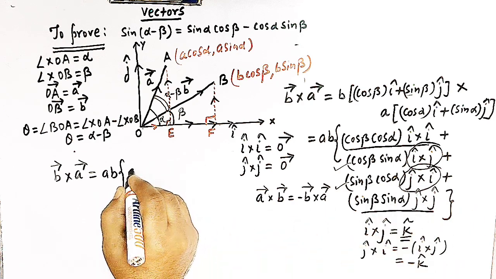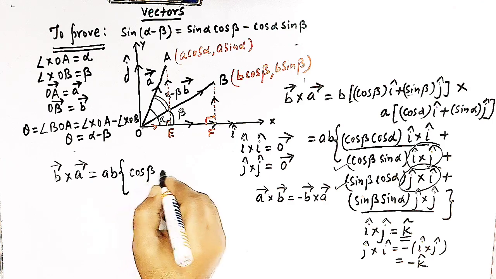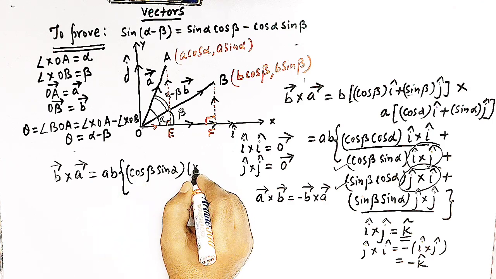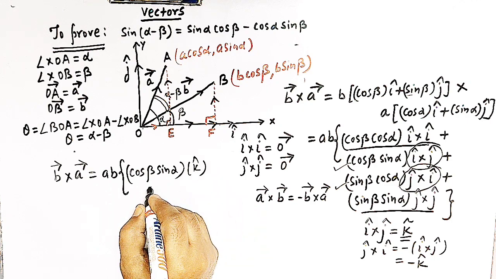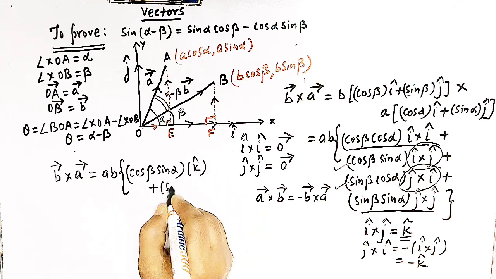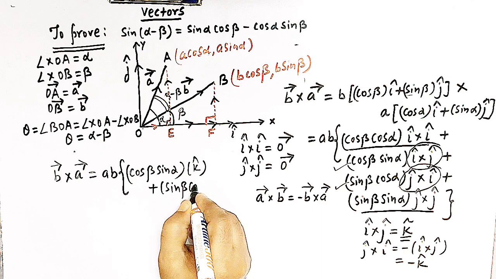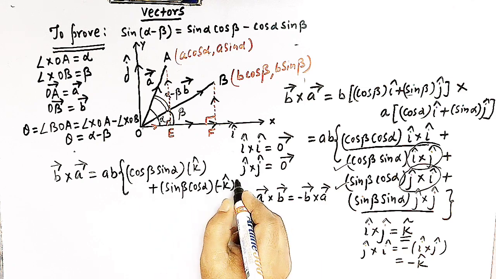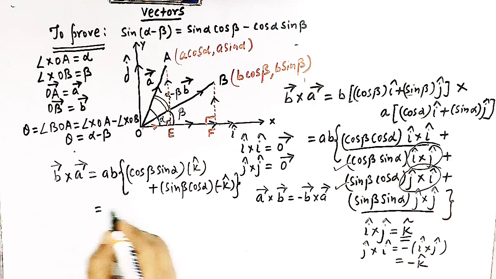So we have now cos beta, then sine alpha, and here we have k cap, and then we have sine beta cos alpha, and here we have minus k cap. So now we can simplify it.